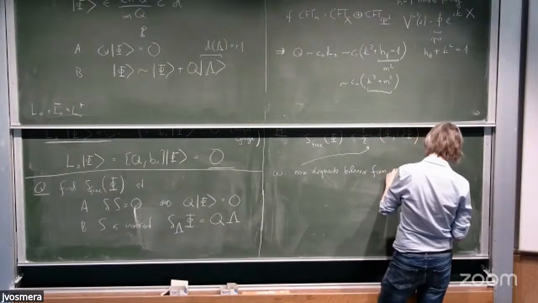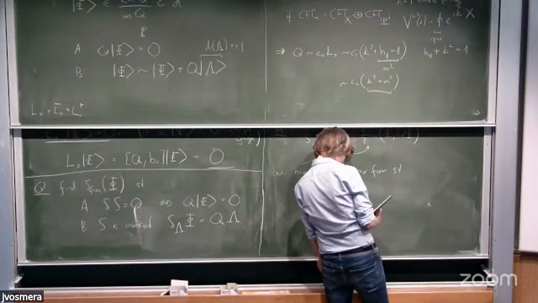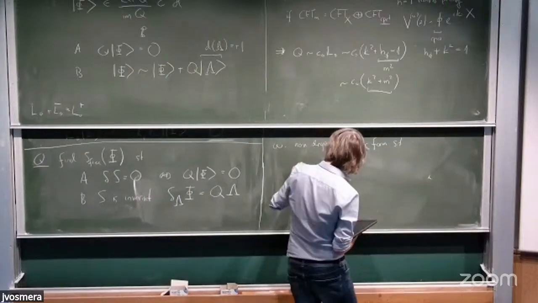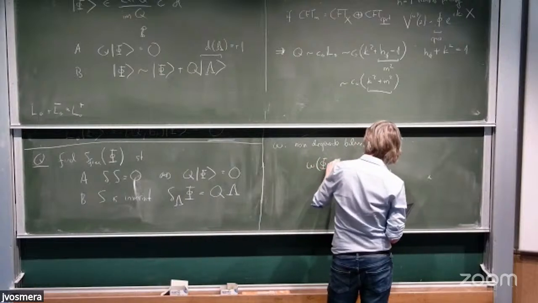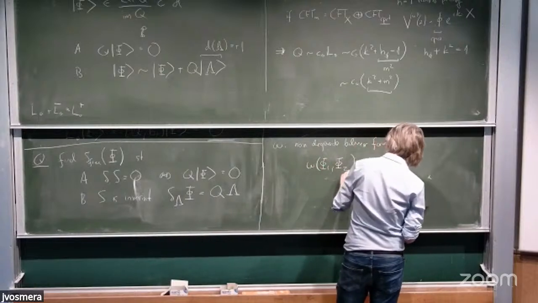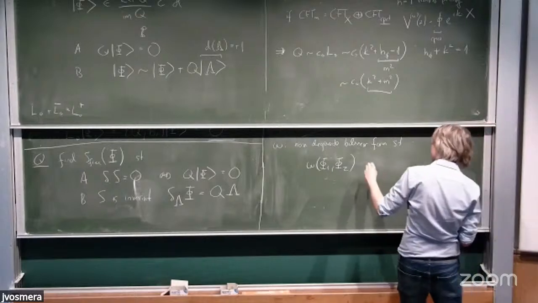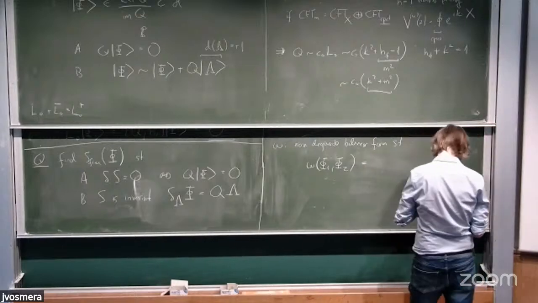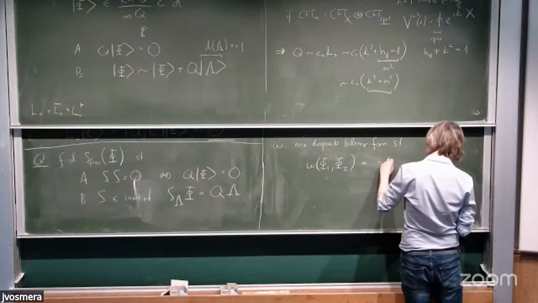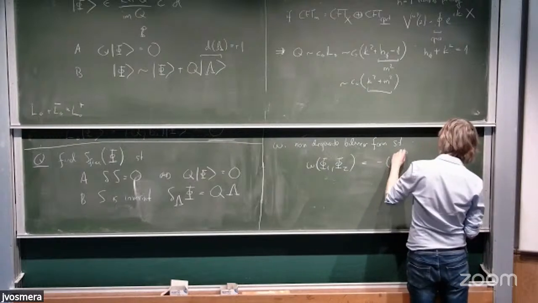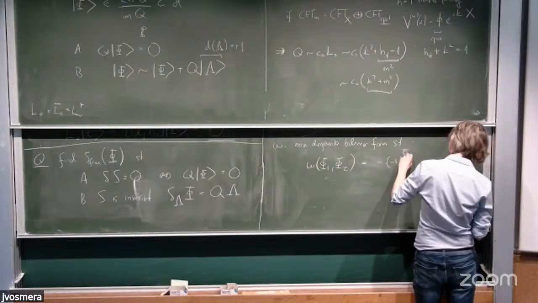Such that it's graded antisymmetric. So when we act with omega on some string states phi1 and phi2, that is the same as acting on phi2, phi1 with some sign, where the sign is just going to be given as -1 to the phi1, phi2.